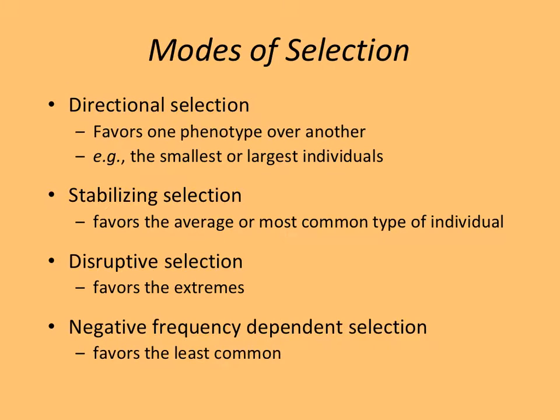Okay. So the first thing I want to cover is what's called modes of selection. The first one is called directional selection, and we'll go through examples of that, where selection favors one phenotype. So anybody remember what a phenotype is?